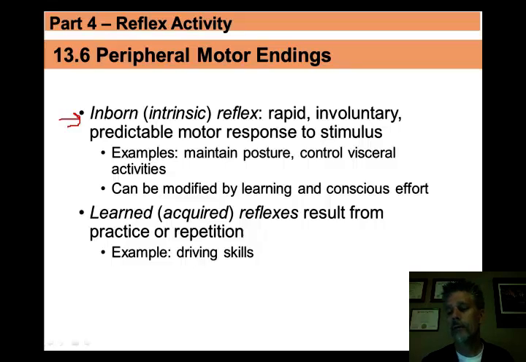Those are the ones we're going to spend time looking at, but there are also acquired reflexes, which really come from practice, right? Practice makes perfect, like riding a bike, like playing piano. Those come through time and are built into some of our motor centers in the cerebrum, so they aren't necessarily true reflexes like these intrinsic ones.